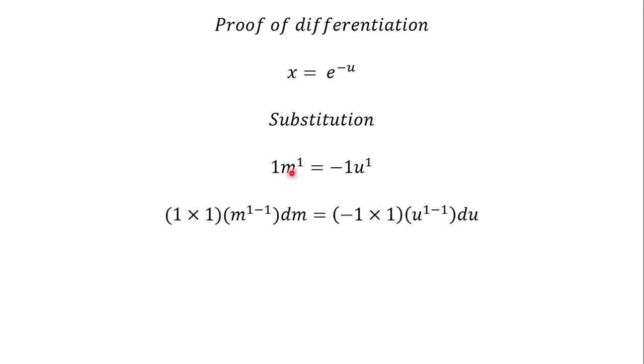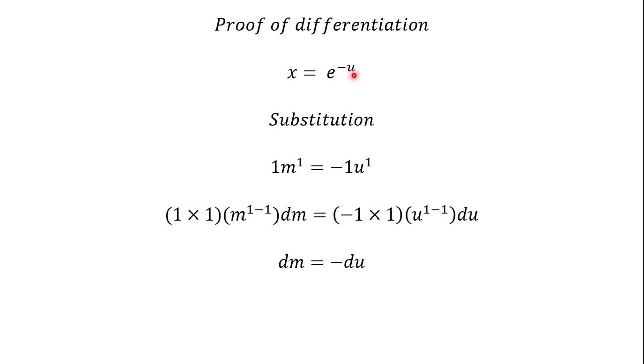The 1 here is representing the coefficient of the base, and the 1 is just multiplying the base, which is the same as the base. But I just indicate it to make understanding very simple. Now when you compute this one, you are going to get 1, and then when you multiply it by this one, you are going to get dm. So when you compute this one, you're going to get minus du.